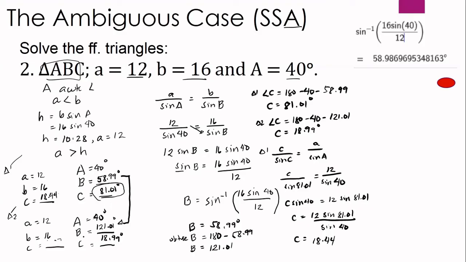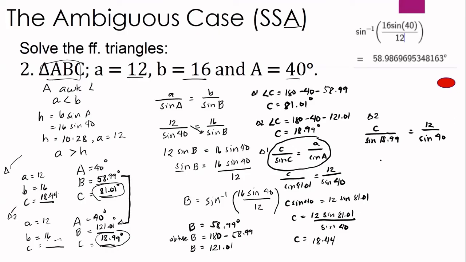And then, kunin natin yung side C ng triangle number 2. You are going to use the same equation. Pareho lang. Then, substitute natin. C over sin 18.99, ang angle C sa ating triangle number 2, is equal to, pareho lang ang A, 12, at pareho lang ang angle A, which is 40.